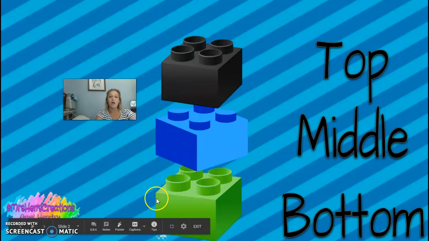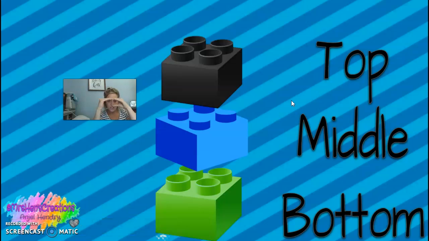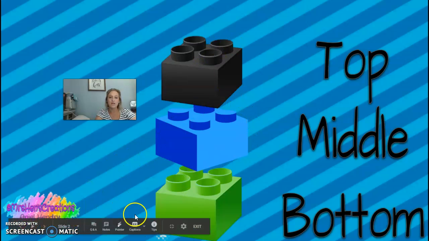This green block is on the bottom of the stack. Just like a sandwich. If you have bread on the top, then you have the meat in the middle, then you have another piece of bread on the bottom. Top, middle, bottom. Good.